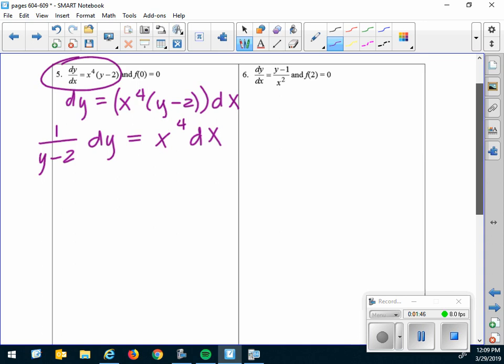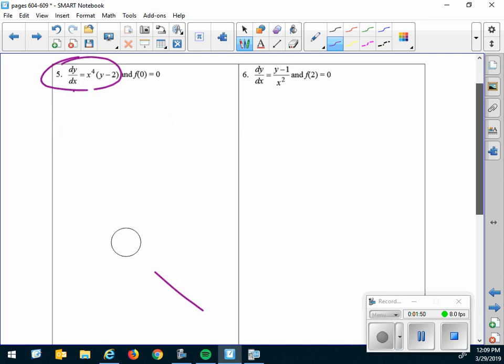The way I would have done it is I would have looked at that and said, okay, I got to move the dx, but this y minus 2 needs to go over with the dy, so I've got to divide by the y minus 2. So this is 1 over y minus 2 dy equals x to the fourth dx. That's what you're going to write down.